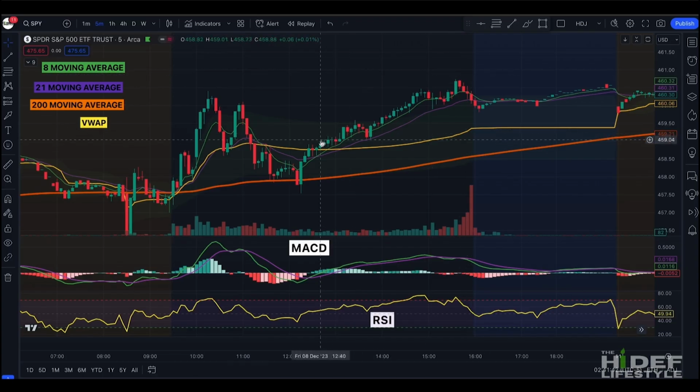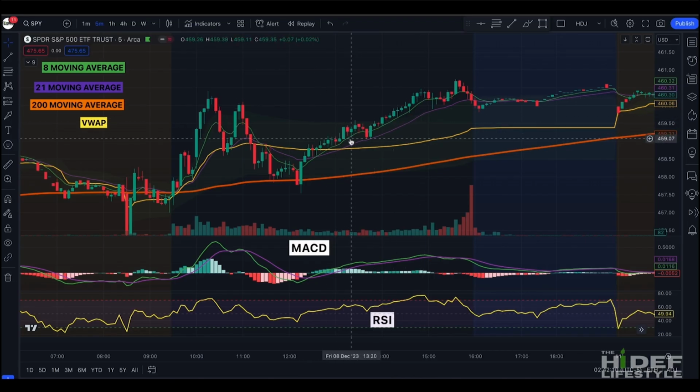So when I get into a position, let's say I get in right here on this candle, I'll usually stay in the position until it starts to break the 8 moving average. So let's say we get in right here and we ride it on up. Now here it did break through, but it was quickly reclaimed on the next candle and continued upward.